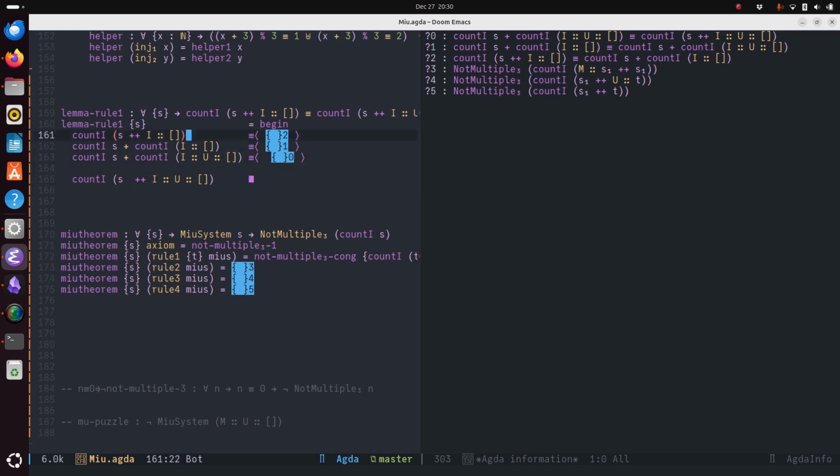But we still need to convince Agda that each of these steps is true, right?